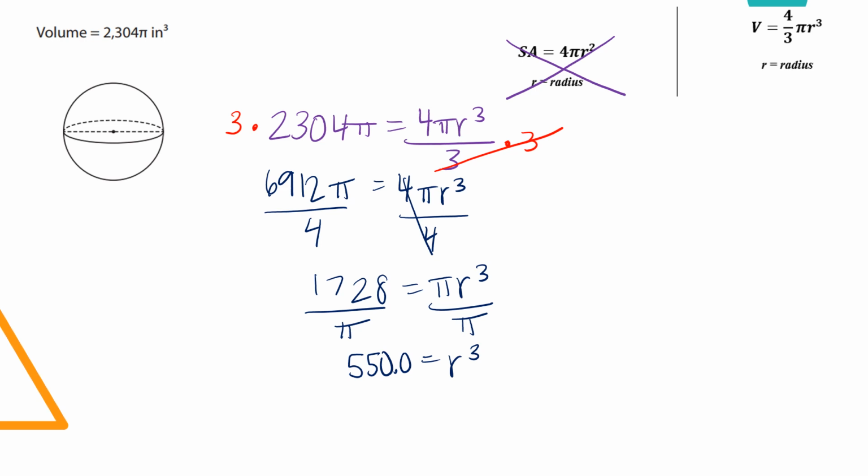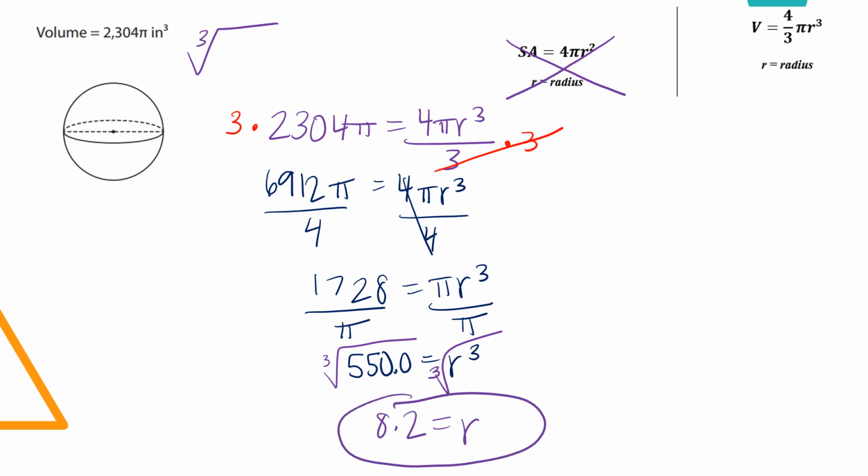So r to the third is a little bit different than r squared, right? When we try to get r by itself, we need to do the cube root. It looks like this, and we're going to do that to both sides. When we do that, we get r is approximately 8.2.